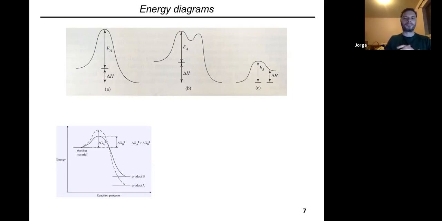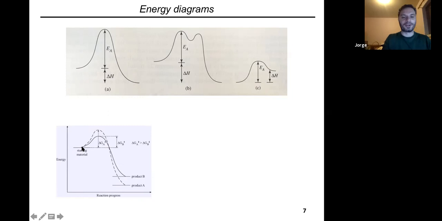Okay, now I would like to talk about kinetic product and thermodynamic product. What's the difference between them? So let's take a look at the energy diagram here at the bottom of the slide.